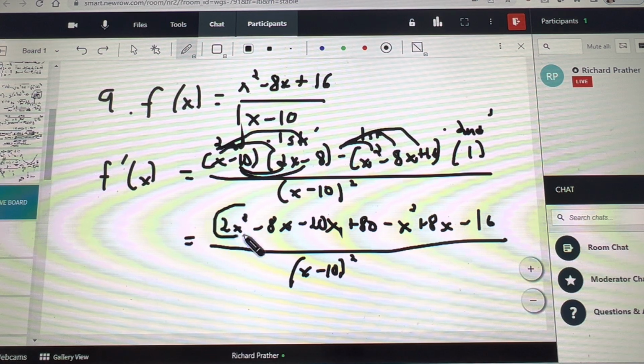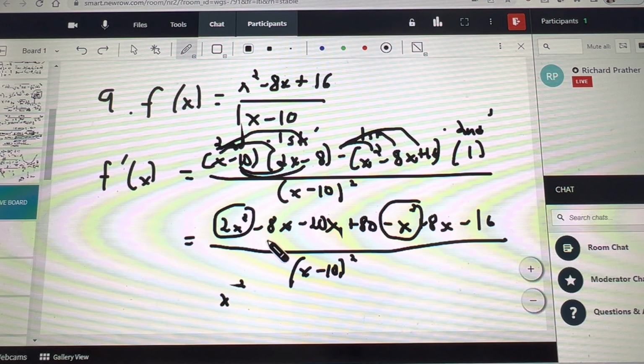So 2x squared minus 1x squared is 1x squared. I get a little lucky here that the negative 8x and the positive 8x cancel, but if they didn't, I could add all the x's together. So negative 20x, and then 80 minus 16 is 64.